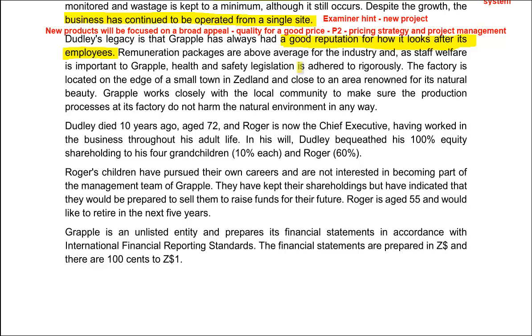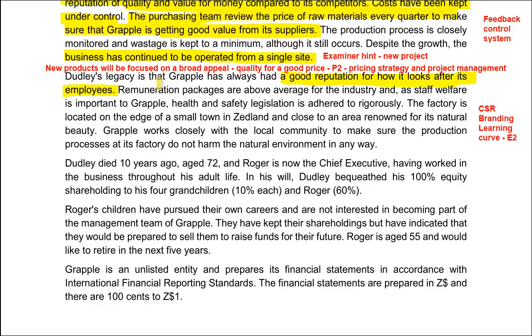So we can think about E2 learning curve here, because they are focused on ensuring their employees are looked after well, which in turn helps their branding, because it's a CSR activity to be super open to increasing your staff's well-being.